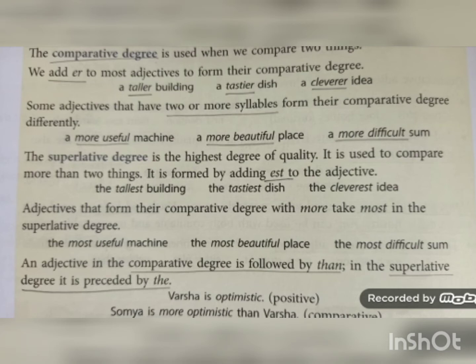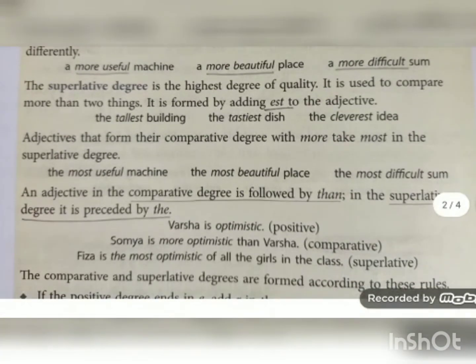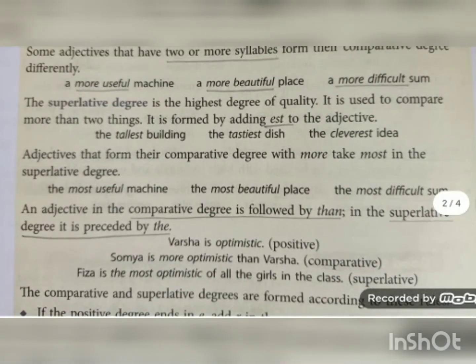Adjectives that form their comparative degree with more take most in the superlative degree. As we know, when the adjective has two or more syllables, we use more to change the adjective to comparative degree, and in that case we have to use most to change it to superlative degree.